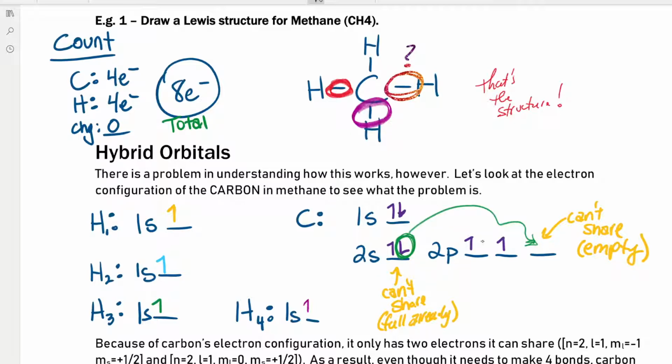And then we would have 4 orbitals that weren't full and ready to share. The problem is that that can't happen because this orbital is a lower energy orbital than that one, and the Aufbau principle tells us that lower energy orbitals always get filled first. So these orbitals don't work. So the atom has to make, wait for it, new orbitals.